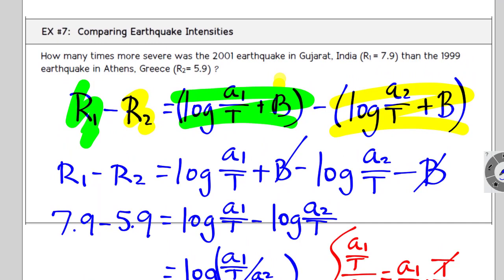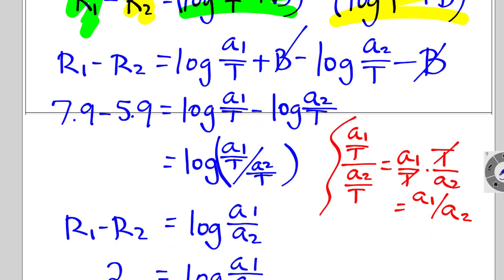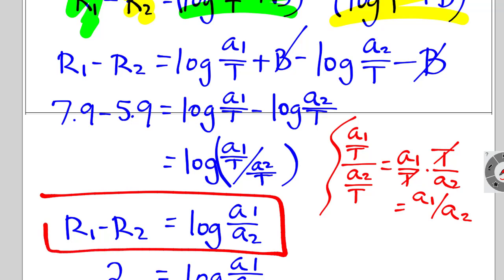And so we're looking at R1 minus R2, and we were able to reduce our expression for R1 minus R2 to this equation. So in future, if you're asked this question, instead of having to go through all of this work to do the reduction, if you remember or have access to this, you could just use this equation.